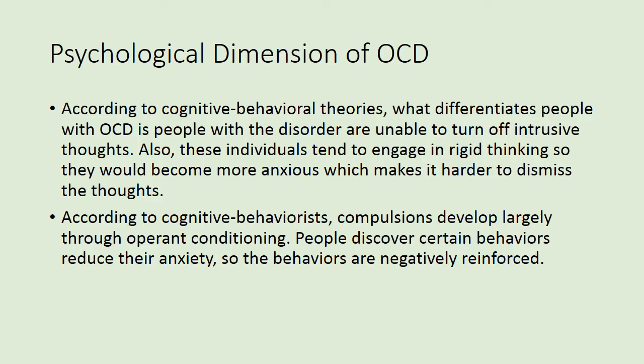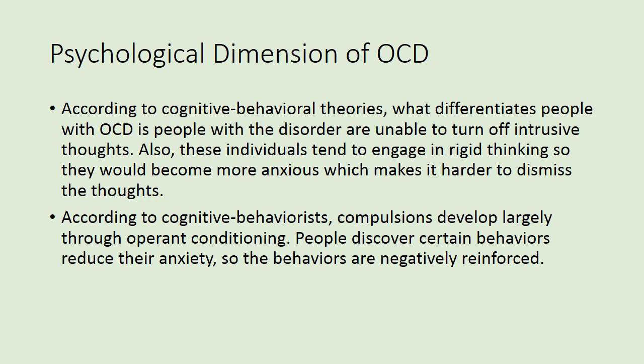The psychological dimension of OCD is also important to consider. According to cognitive behavioral theories, what differentiates people with OCD is that they are unable to turn off intrusive thoughts. Also, these individuals tend to engage in rigid thinking, so they become more anxious, which makes it harder to dismiss the thoughts.